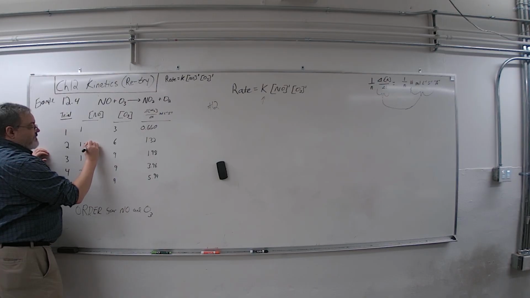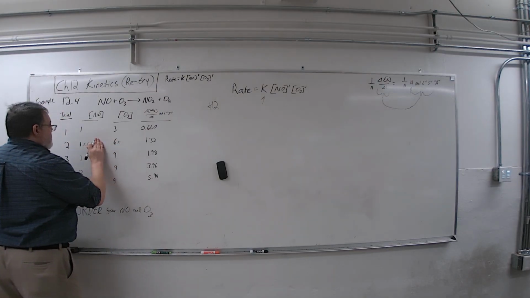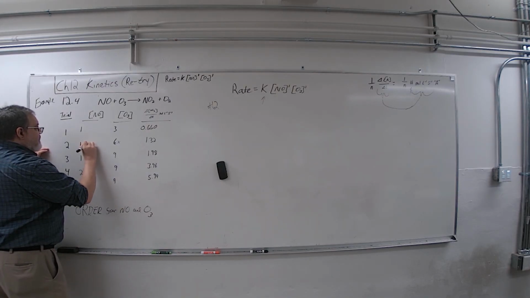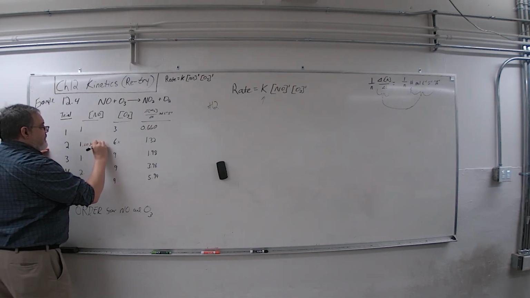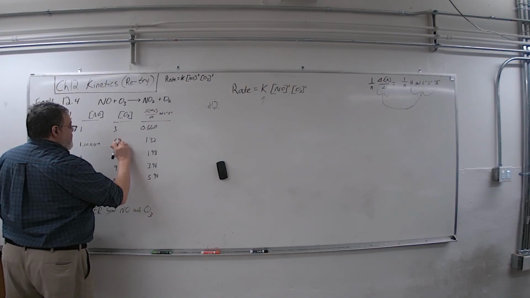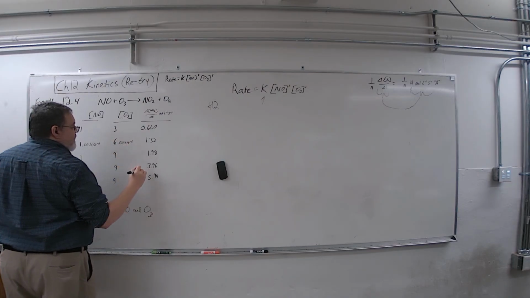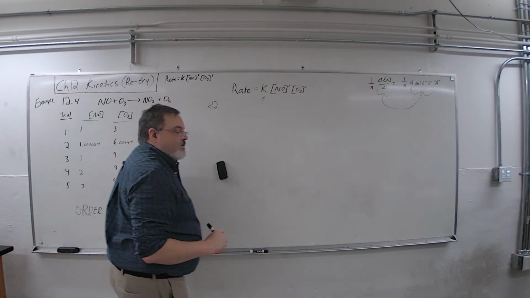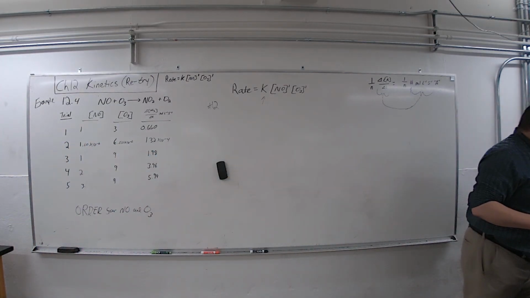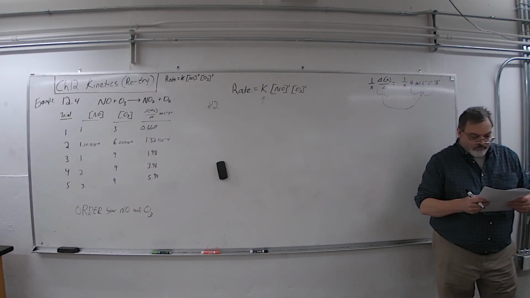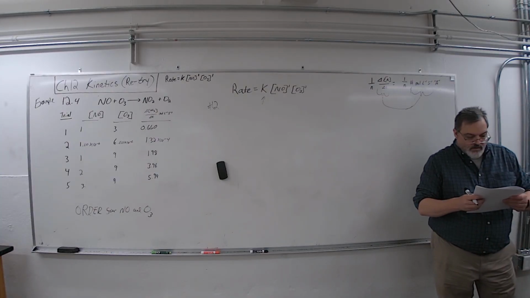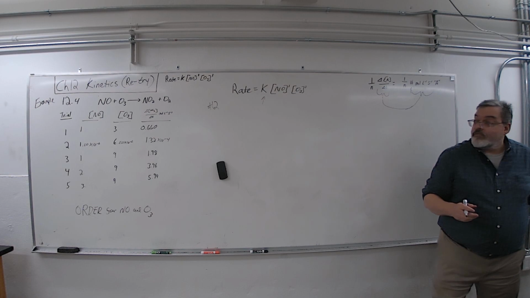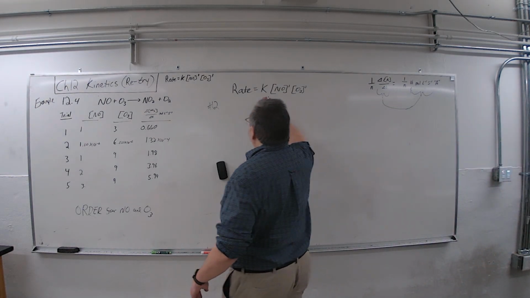What was this? -6. And this was times 10 to the -4, I think. Let me check. Yeah, -6, -6, -4. Okay, so we have to have that there.